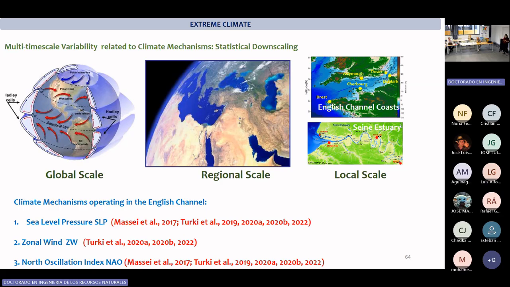I speak just about marine variables, which are controlled by climate oscillations, sea level pressures, zonal winds, the winds at a certain level, and North Atlantic Oscillations, NAO, okay?